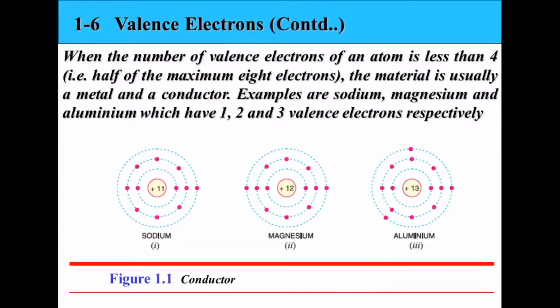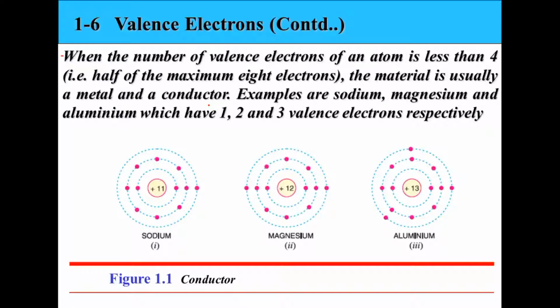So now we can say from my slide here, that is rule number 1 that we can use to determine whether an atom is a conductor or an insulator or a semiconductor based on the valence electrons. Let me get my pointer here. Rule number 1 says, when the number of valence electrons of an atom is less than 4, the material is usually a metal.